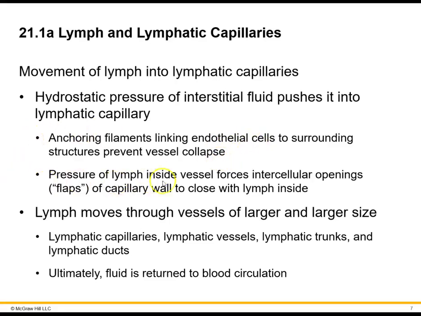And the pressure of the lymph inside the vessel is going to force those intercellular openings, those flaps, closed, keeping the fluid inside of the lymphatic capillary. Now, lymph is going to move through vessels of larger and larger size. It's going to go from lymphatic capillaries to lymphatic vessels to lymphatic trunks and finally lymphatic ducts. Ultimately, those ducts are going to return lymphatic fluid to the blood circulation.